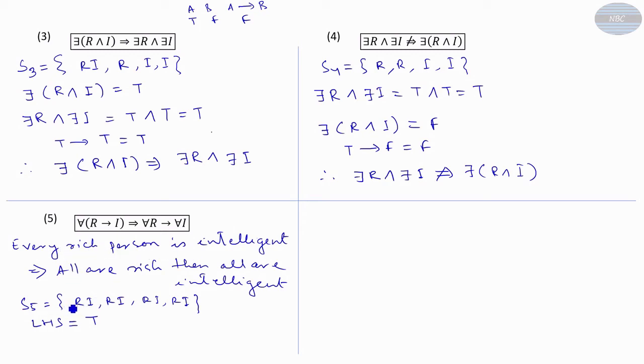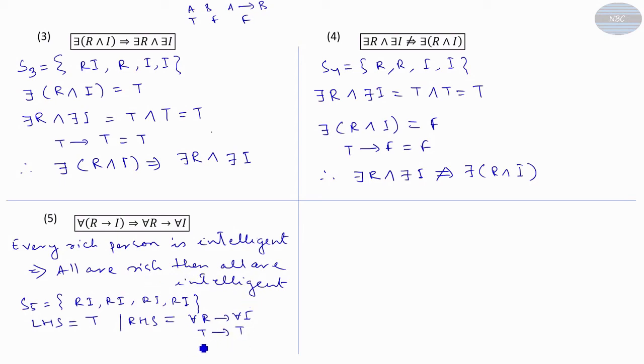Now come to the right hand side: if all are rich, then all are intelligent. See here, in this universe of discourse, all are rich. Are all rich? Yes, all are rich, true. Are all intelligent?